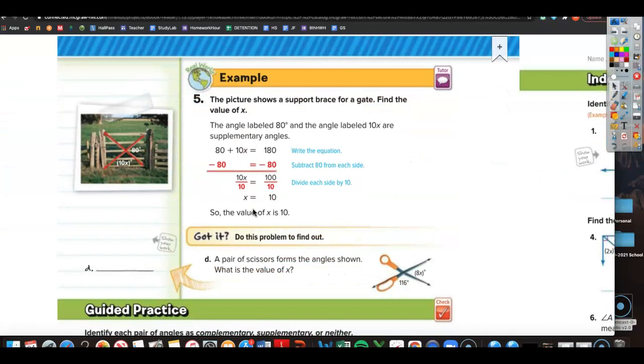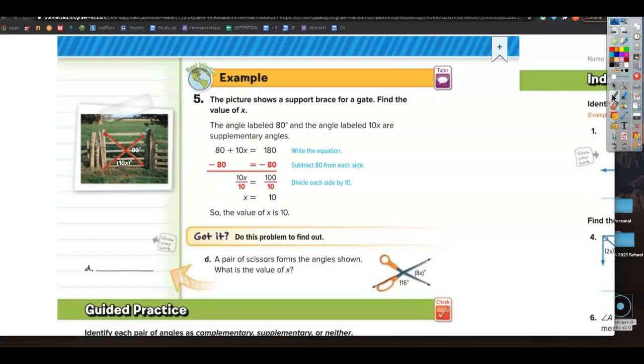Up at the top, the picture shows a brace for a gate. Find the value of x. So we've talked about three different types of relationships. They can be vertical angles, they can be complementary angles, they can be 90 degrees, or they could be 180 degrees, right? Are these two across from each other? No. Do they form a right angle?